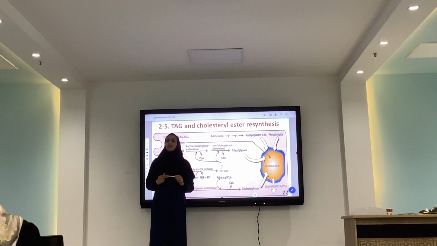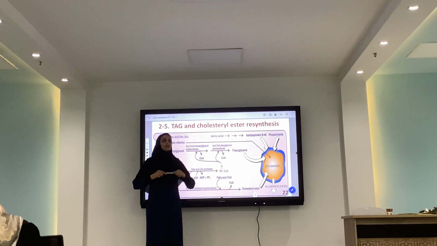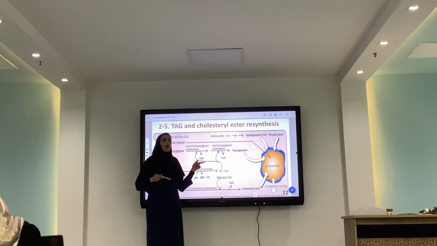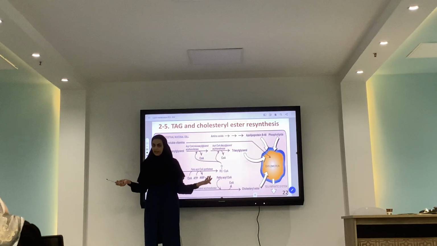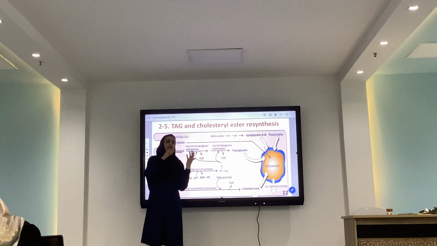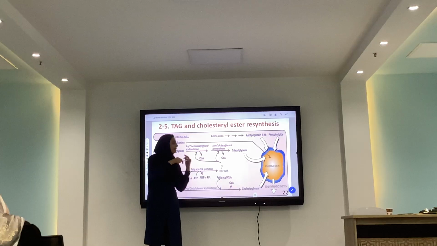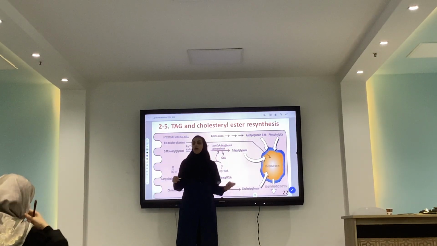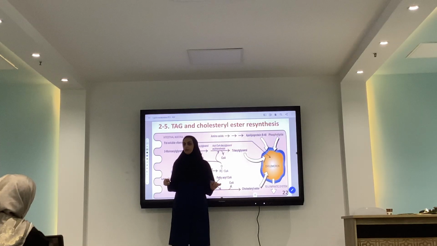Blood circulation and make the blood have a milky appearance that I showed you. That's why when you go to the laboratory, for example for a blood test, they ask you to be fasted for 12 to 14 hours. 12 to 14 hours allows the clearance of chylomicrons from blood circulation.